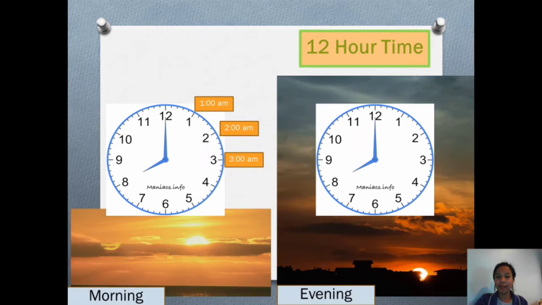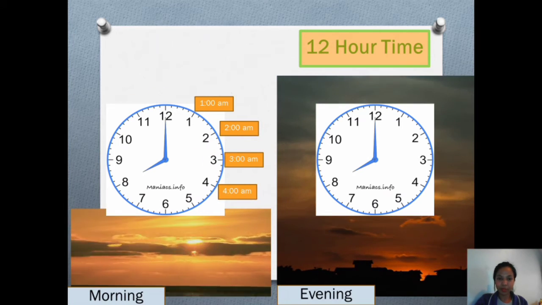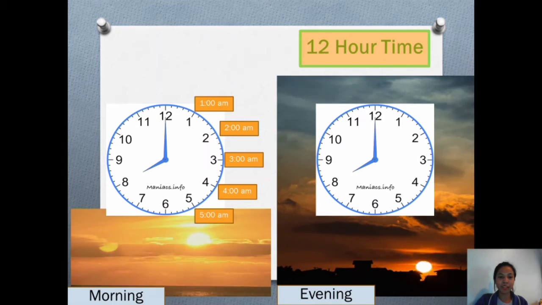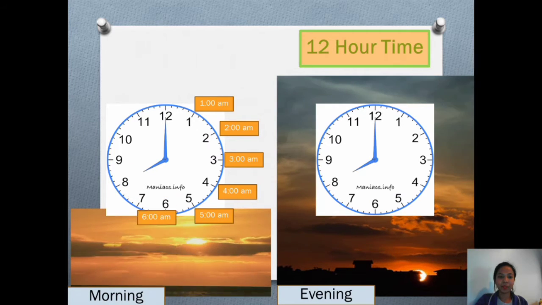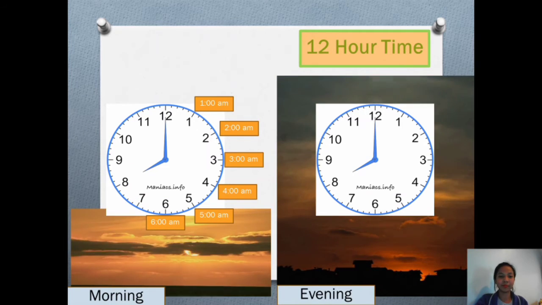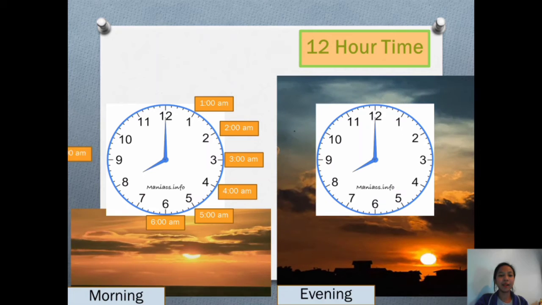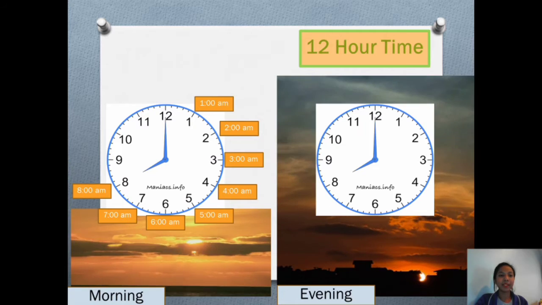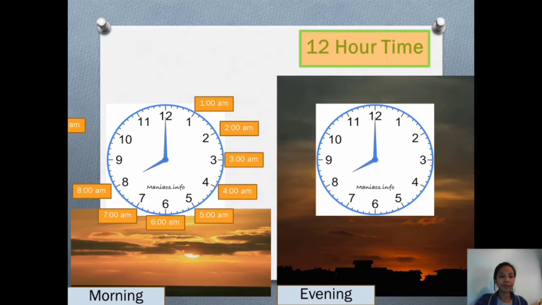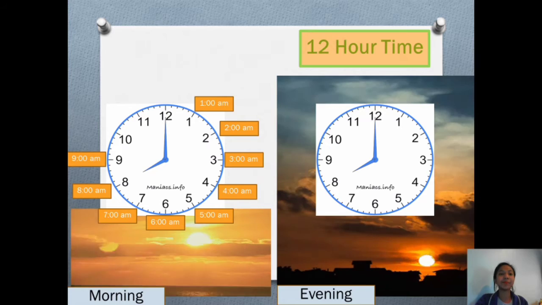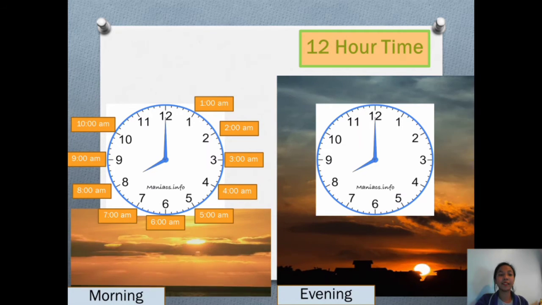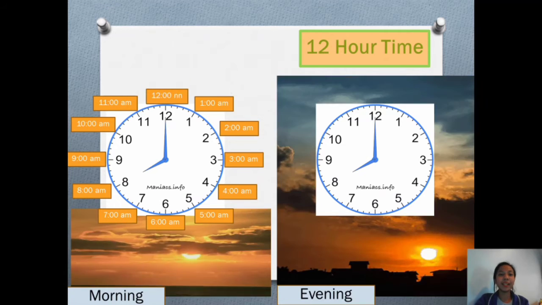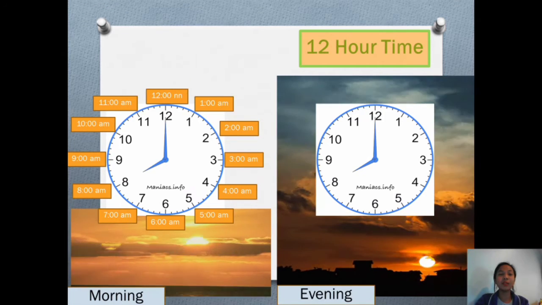Next, 2 o'clock a.m., 3 o'clock a.m., 4 o'clock a.m., 5 o'clock a.m., or you can just say 5 a.m. Then 6 o'clock a.m., 7 o'clock a.m., 8 o'clock a.m., 9 o'clock a.m., 10 o'clock a.m., 11 o'clock a.m., and then 12 noon.